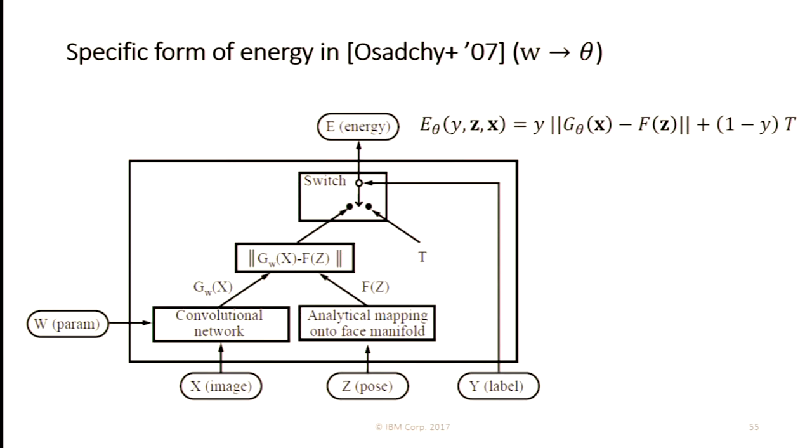F is just a given function that maps this orientation into the same space as the output of the CNN, and you want to minimize the distance between these two outputs. And T is just a threshold: it is the energy when the image is classified as non-face.